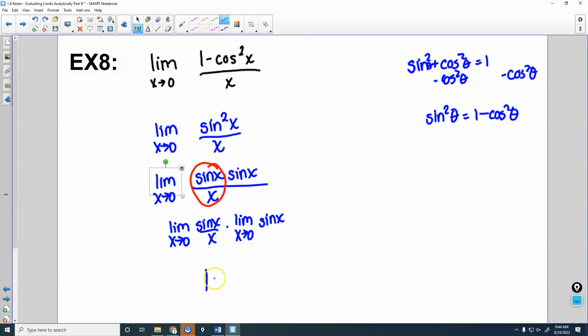And so this is 1. What do we get when we plug in 0 here? We would have sine of 0. What is sine of 0? 0. So we get 0 for this answer. I'm telling you, if you need to guess, 1 or 0. 0 might even be more common because if you multiply by 0, you're going to get a 0 no matter what the other numbers are.